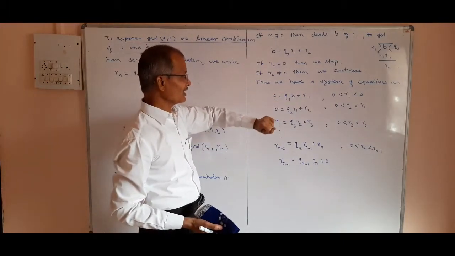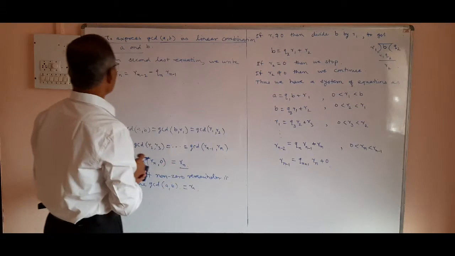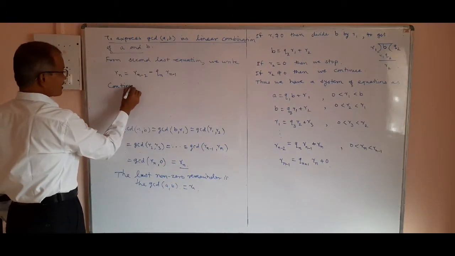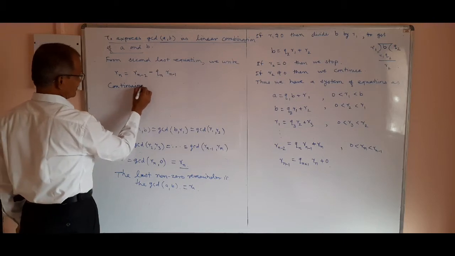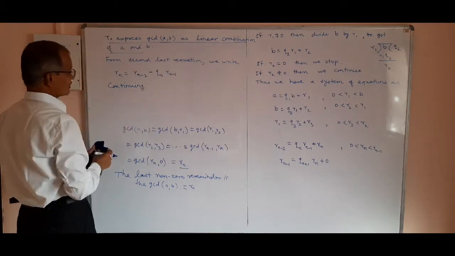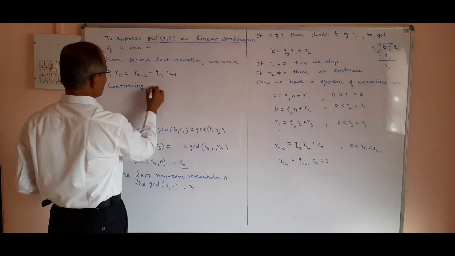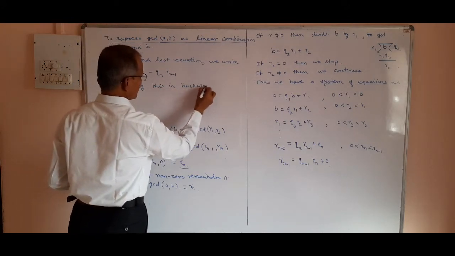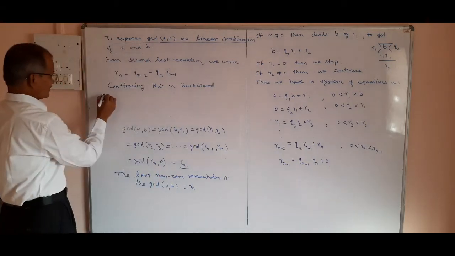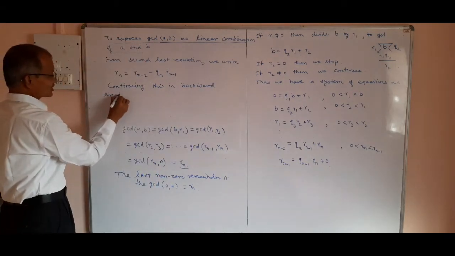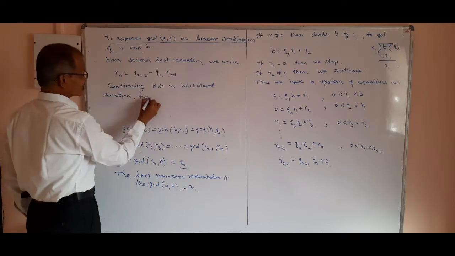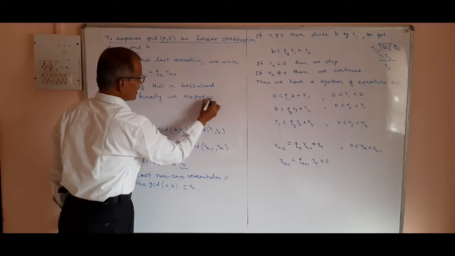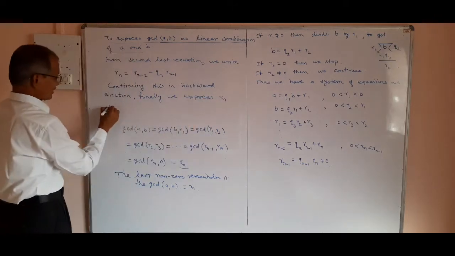We will express it finally in terms of A and B. So, continuing this in the backward direction, finally we express Rn in terms of A and B.